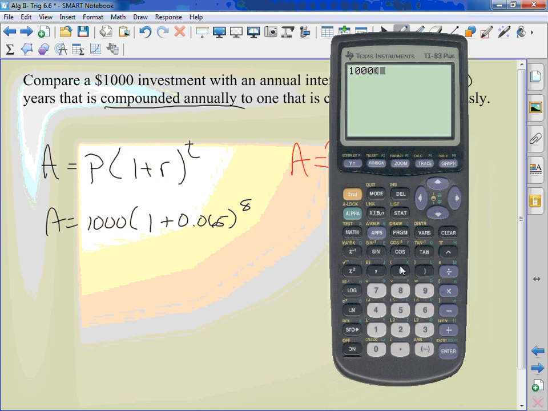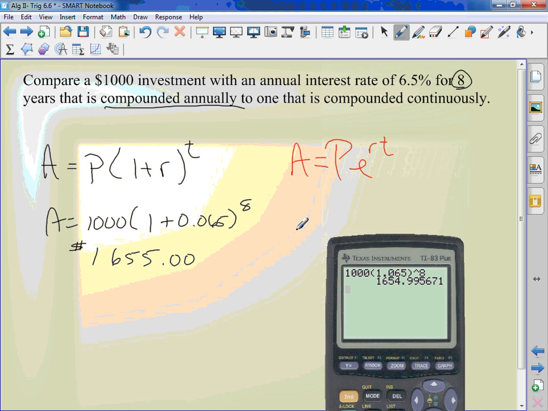So $1,000 times 1.065 to the 8th. I added the 1 and the 0.065. That's $1,654. No, it's going to be 55. That's how much money you have after 8 years.